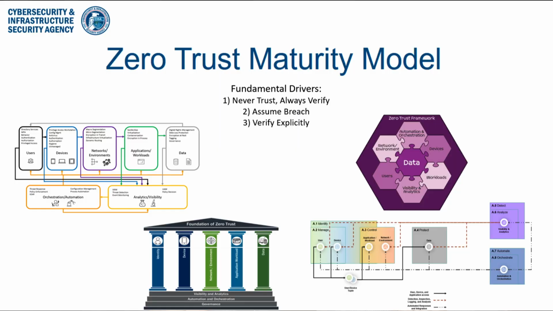Anyways, these graphics I pulled from the CISA maturity model, as well as a couple of other documents like the DoD reference architecture and the document released by the DoD Chief Information Officer. They all go back to this Zero Trust strategy that has 7 pillars. Actually, sometimes they're called 5 pillars and 3 underlying principles.